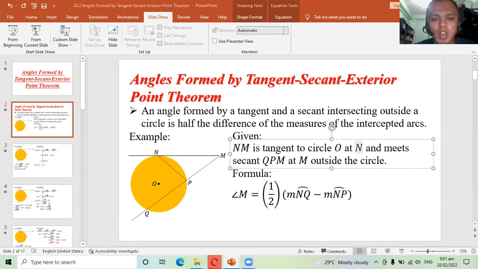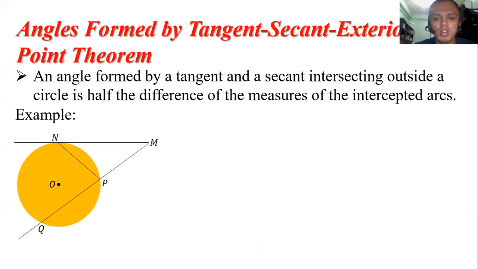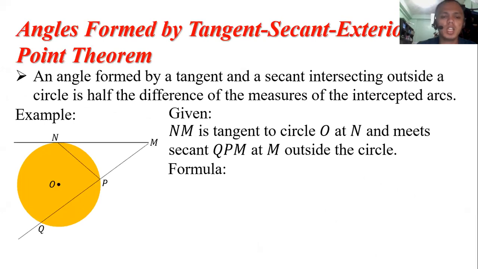And it meets the secant QPM at M, outside the circle. So this is the secant, this is the tangent, and this is the angle formed outside the circle. See the difference: it is outside, unlike in the first topic where the angle is on the circle.